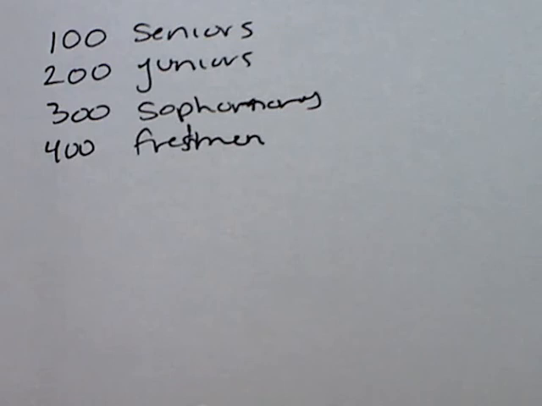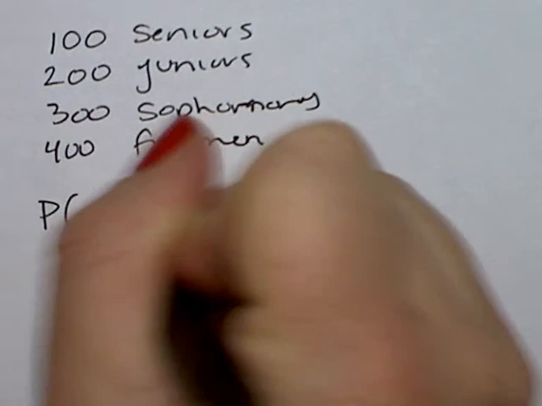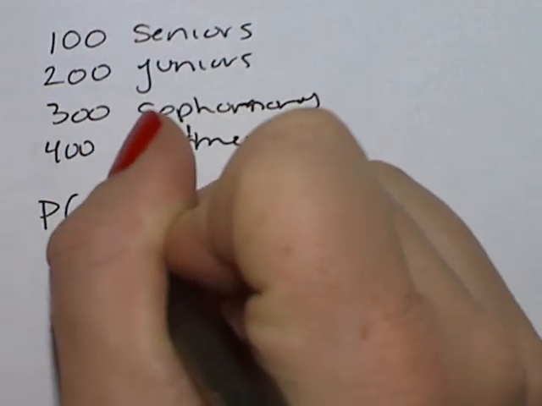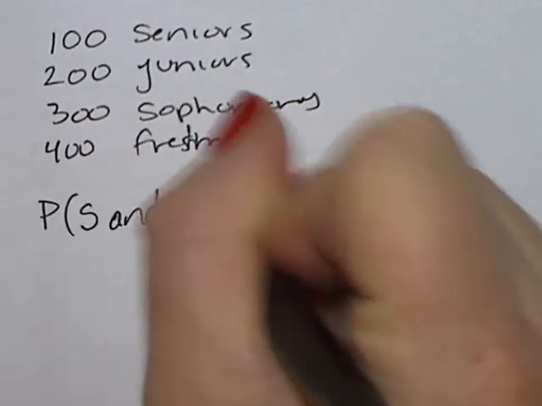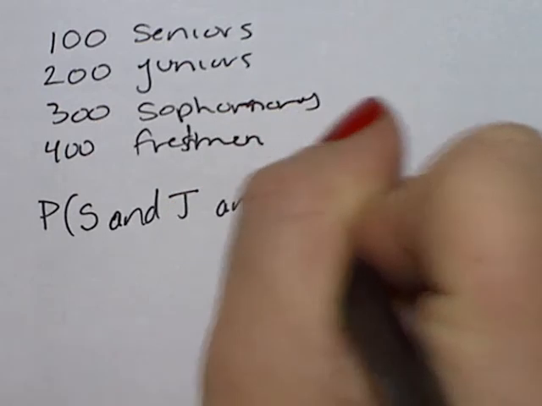And you are randomly going to draw 3 names out. I want to know, without replacing a name after it's drawn, what is the probability of drawing a senior and a junior and a freshman in that order?